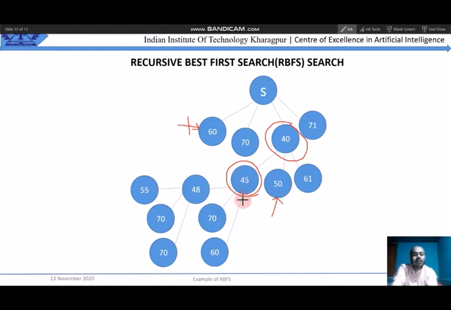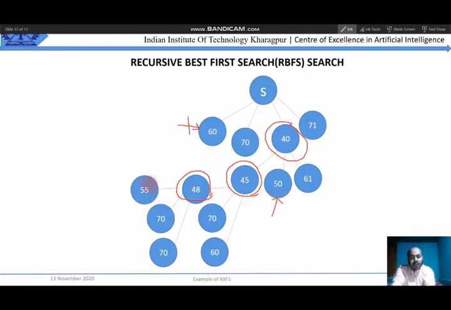After this, the open nodes are 48, 70, and 60. Now after exploring this node, in the open we have 55, 70, and 70, and it is seen that there is no node less than the second best, 50.